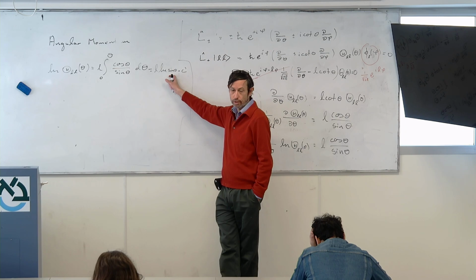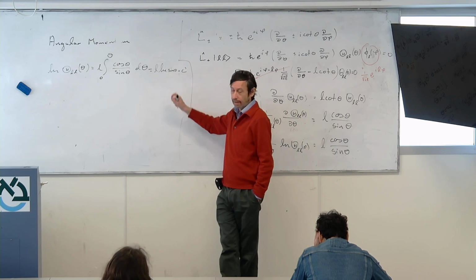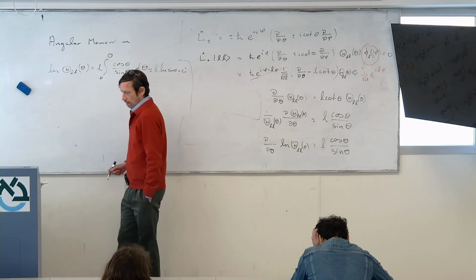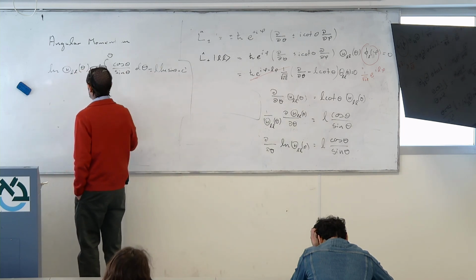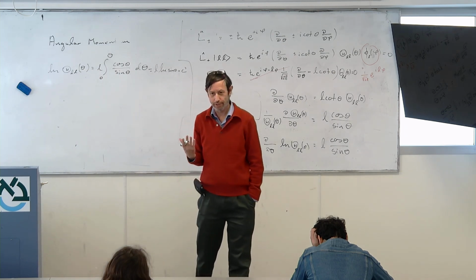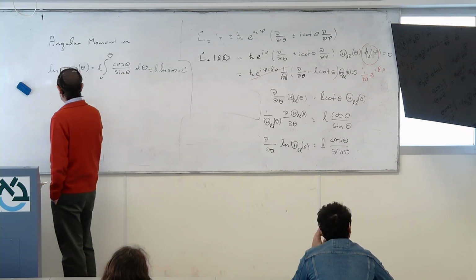So it's 1 over sine. Derivative of sine is cosine. And you have the result. Okay. So constants will be corrected once we write down a normalization. So I'm not worrying about it at the moment.